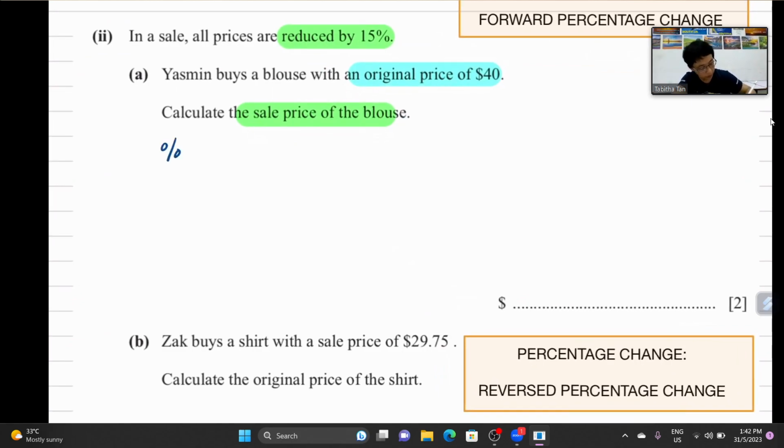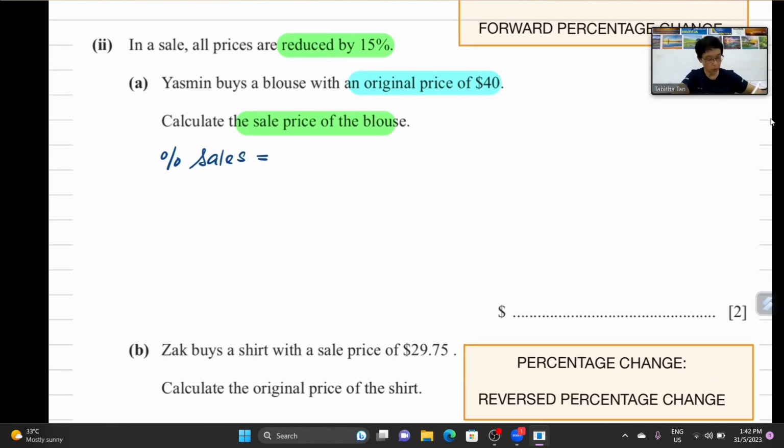Okay, so let's go. Now I'm going to put in what's the sales price. So I just put in the sales price, and now going to equal. So the sales price will go with the sales percentage, right?